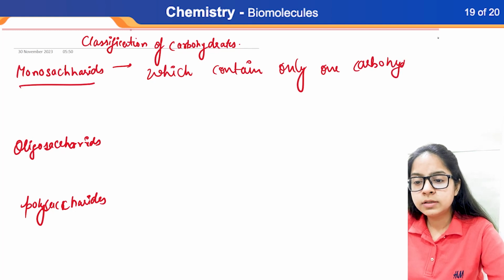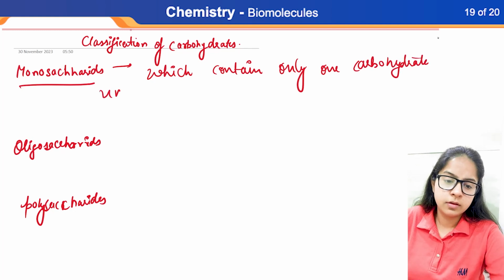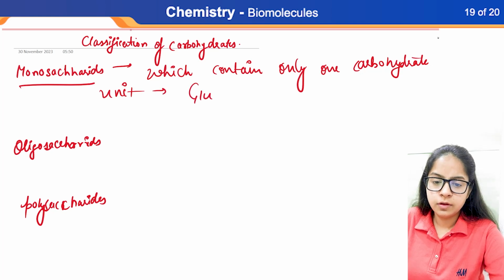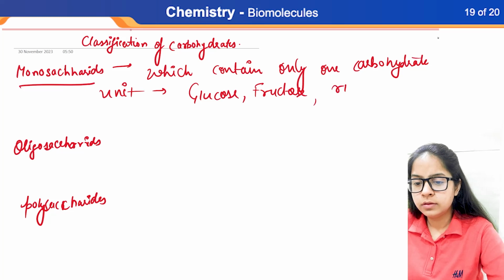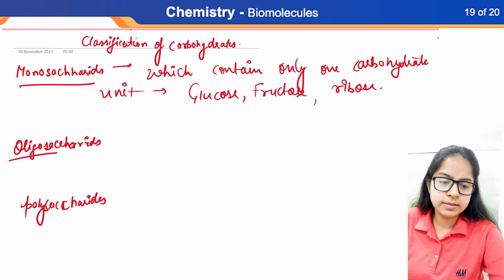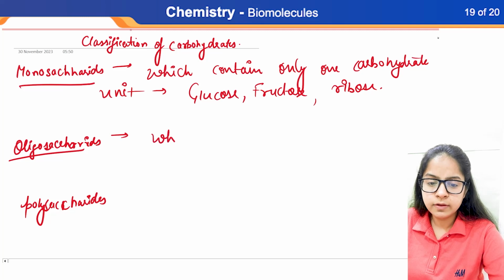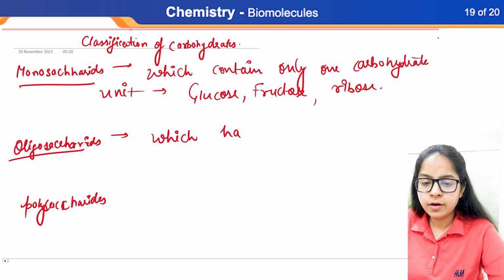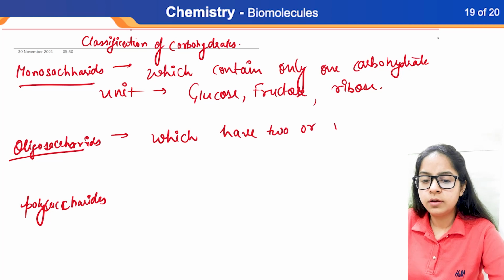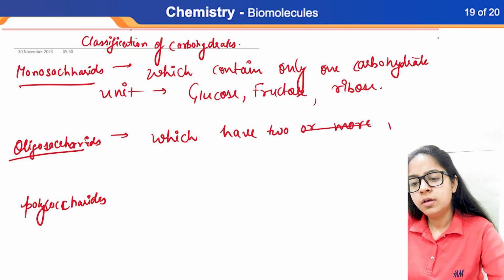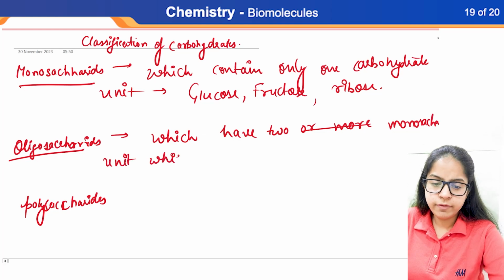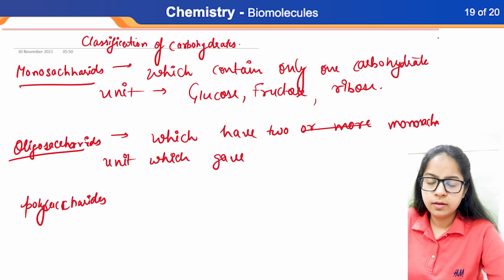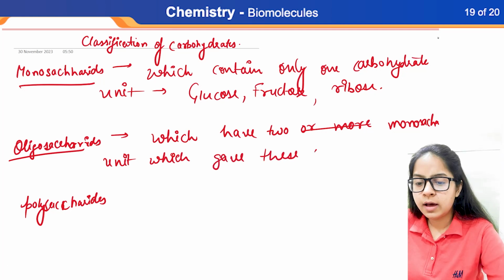like glucose, fructose, ribose. These are the monosaccharides. Next one is oligosaccharide, which have two or more monosaccharide units, which give these monosaccharides on hydrolysis.